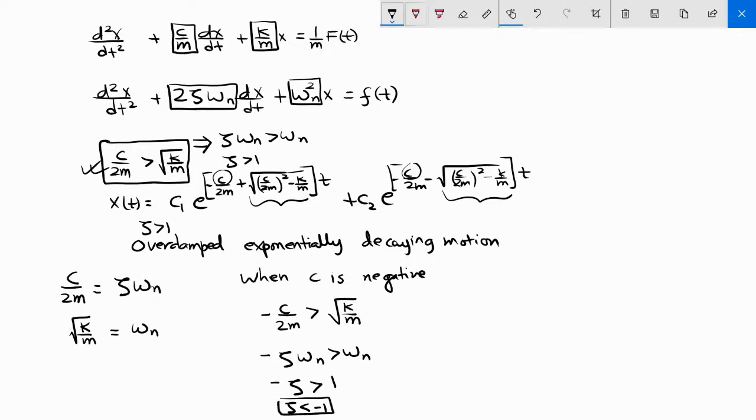So when damping ratio is less than negative 1, we can say that we get an overdamped exponentially growing motion.